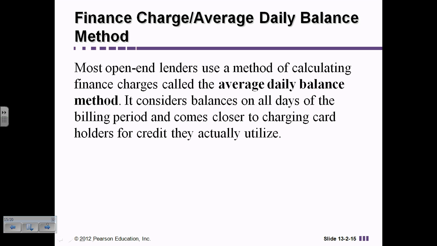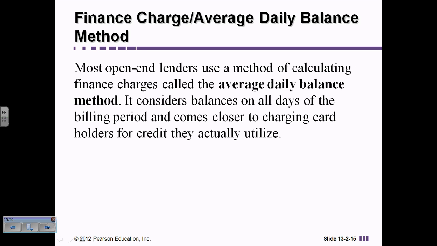So instead of taking that starting balance and basing everything off of that, you might make a $500 payment the second day of the month, and instead of charging you interest on that unpaid balance for the whole month, they're going to charge you a different amount each day, which could be to your advantage.